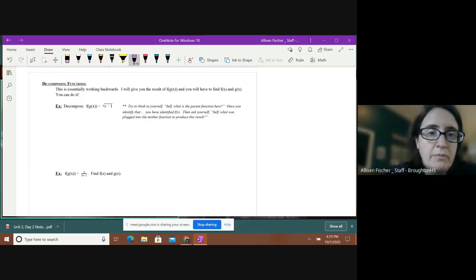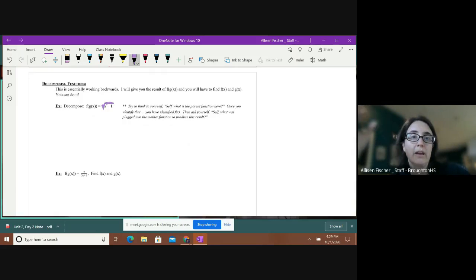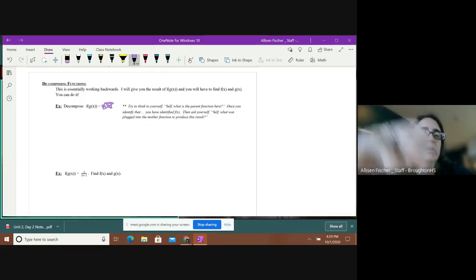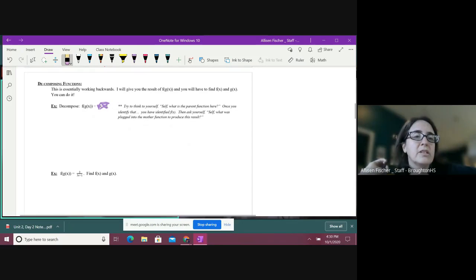What I mean by that is I see a square root in this problem. So when I see that square root, I think, all right, there's a parent function that's just square root x. If I think about this as square root x being the parent function, and then think about what the function actually says right now, the fact it says square root of x minus 1, that means that my input was changed to an x minus 1.